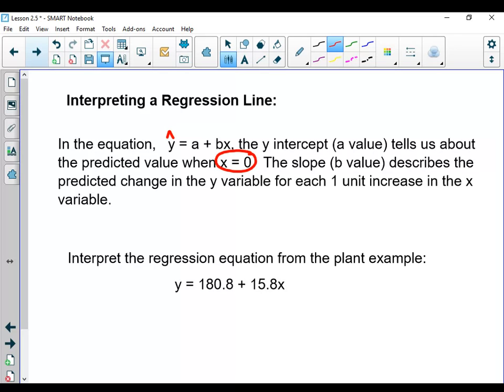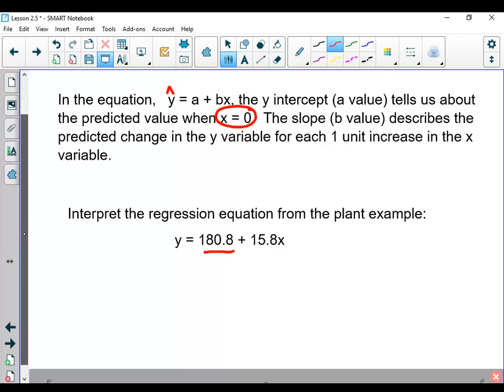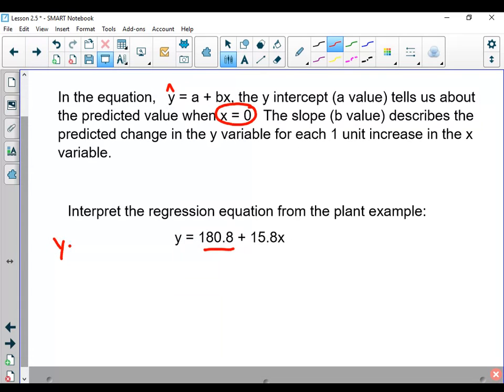So let's start with that. If I'm asked to interpret this regression line, and I want to look at, first of all, the y-intercept, or this 180.8. Well, the interpretation of the y-intercept here is based on the fact that x had to be 0.